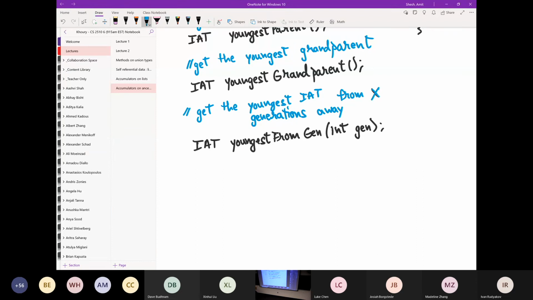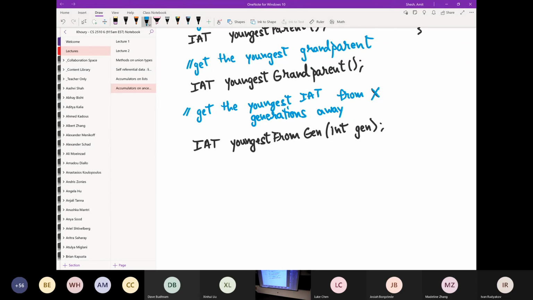The youngest IAT from X generations away is, finish that sentence for me. Yes. It's the younger of the parents.